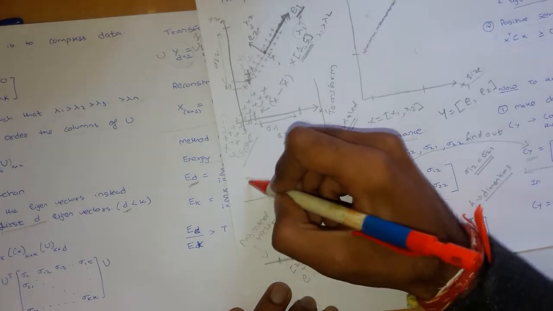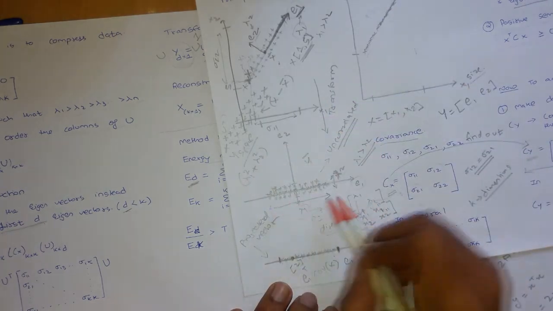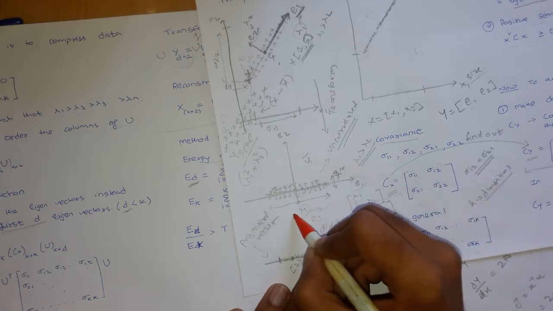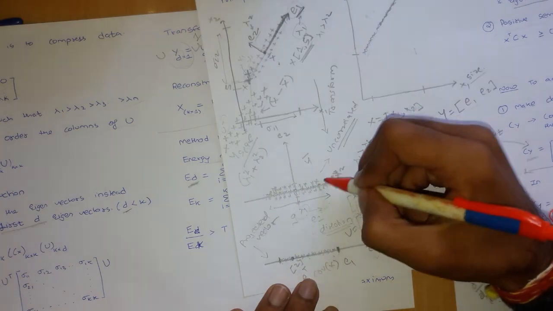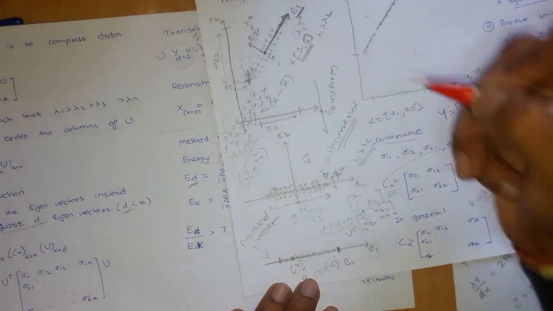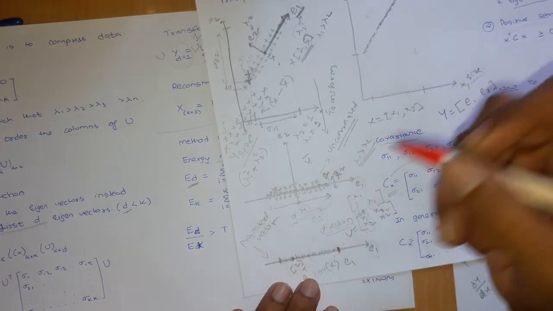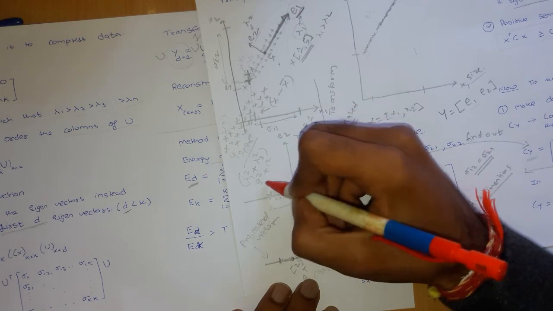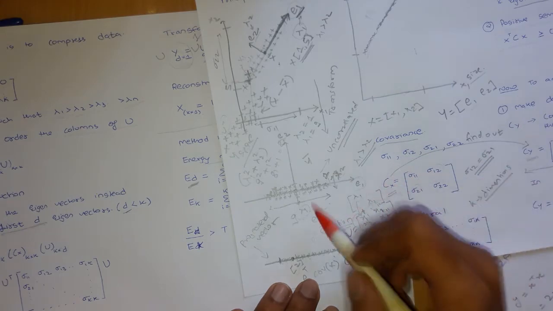So if I do lambda 1 square plus lambda 2 square, take numbers. Suppose lambda 1 is 9 and lambda 2 is 1. So if I square it, 9 squared plus 1 squared, I get 81 plus 1, that is 82.